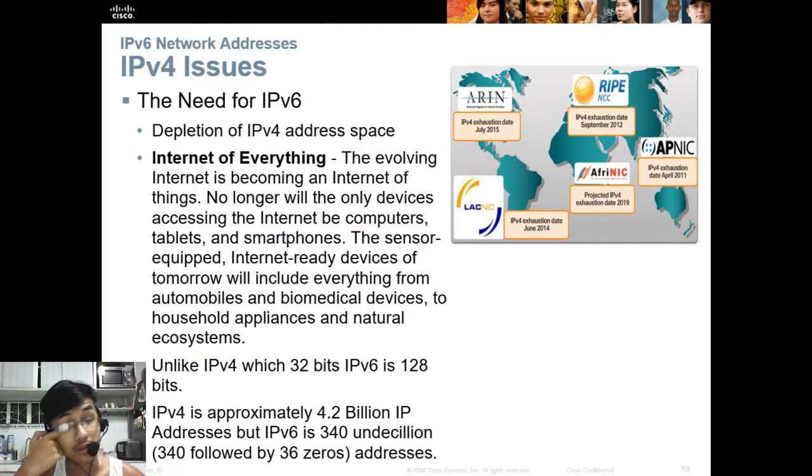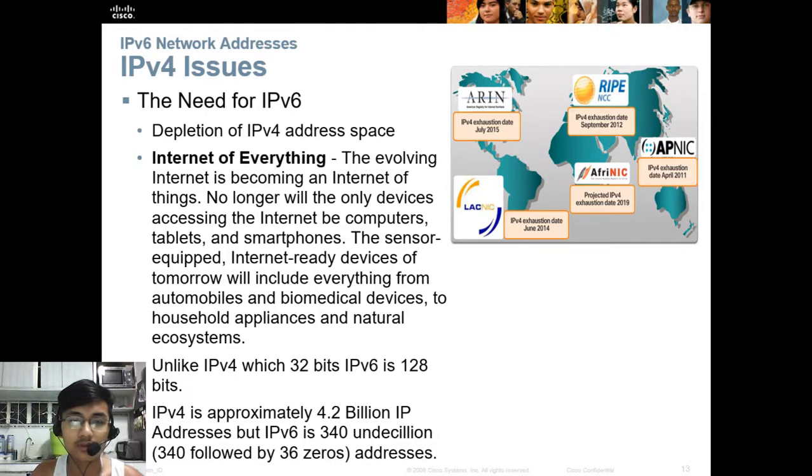IPv6 network addresses. The need for IPv6. Division of IPv4 address space. Internet of Everything. The evolving internet is becoming an Internet of Things. No longer will the only devices accessing the Internet be computers. Internet-ready devices of tomorrow will include everything from automobiles to biomedical devices.